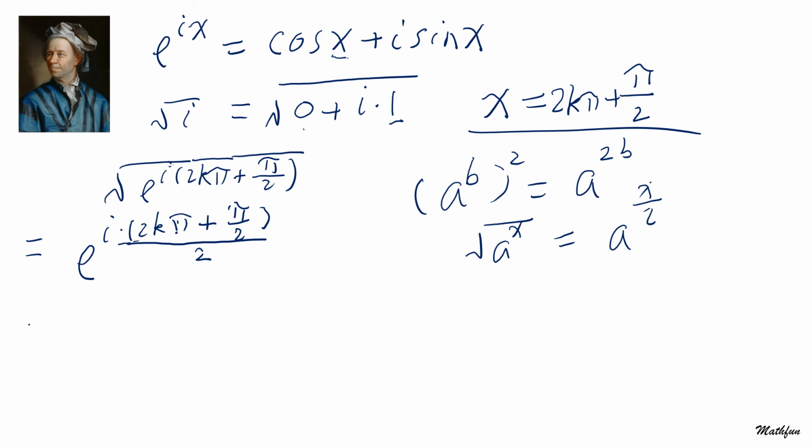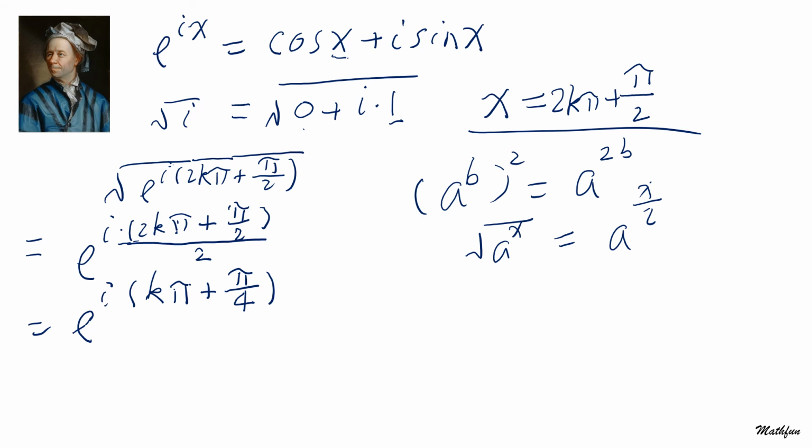So in other words, you will get e to the i times k pi plus a quarter of pi. Now is the tricky thing, okay? k can be an even number or an odd number, and depending on whether it's even or odd, the answer will be different.